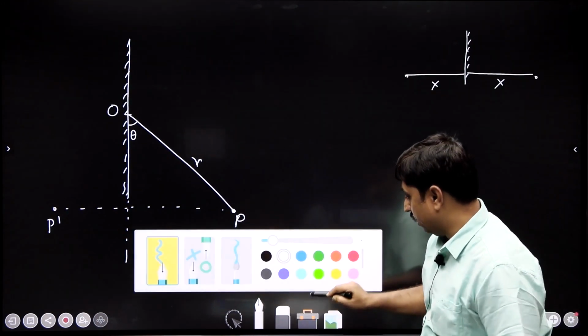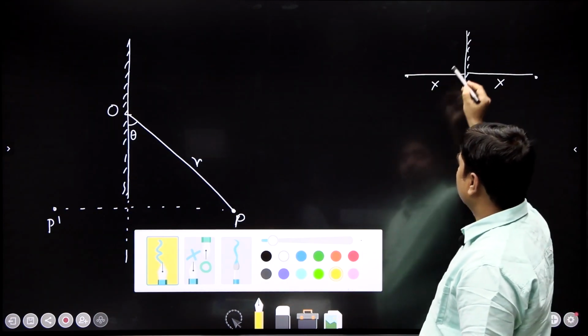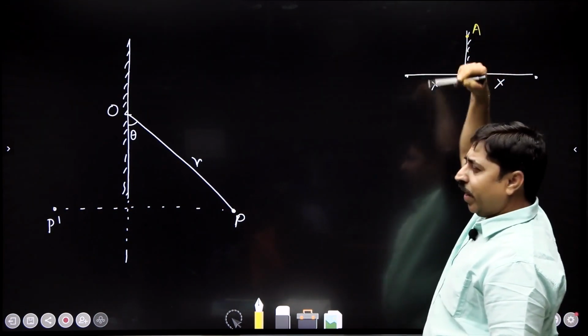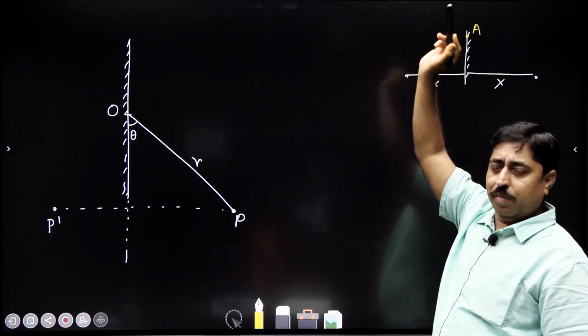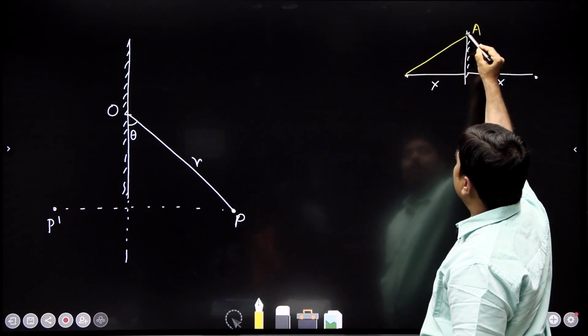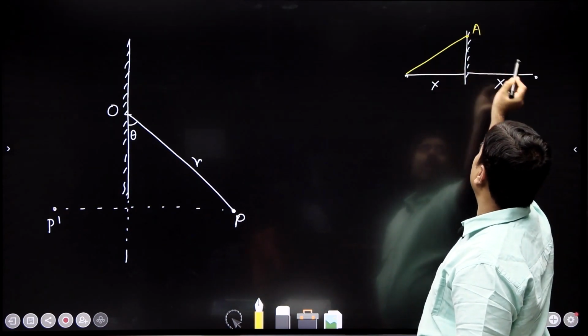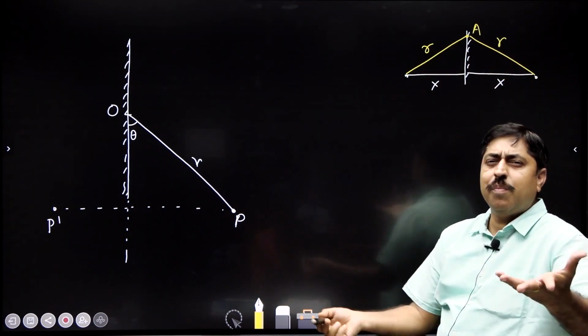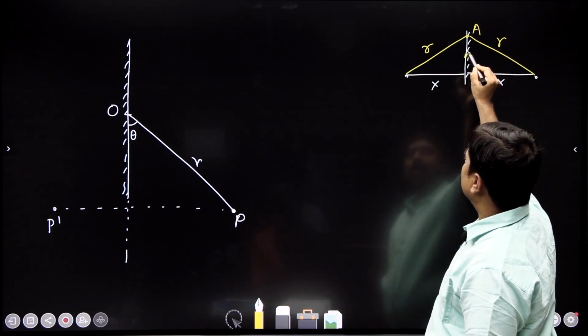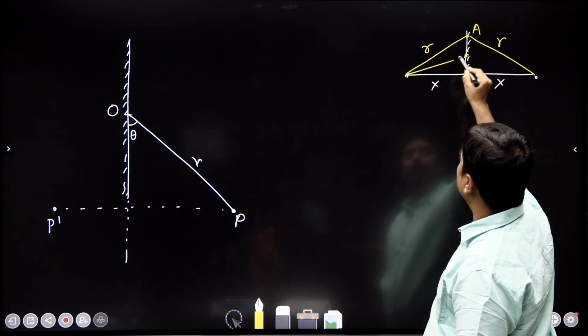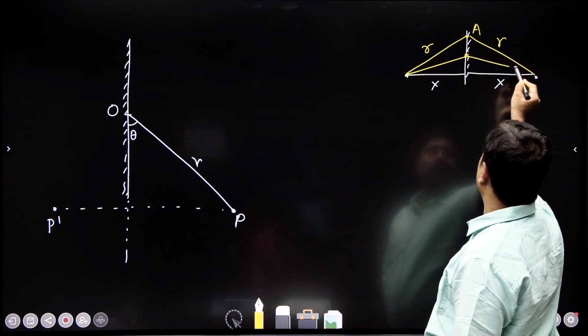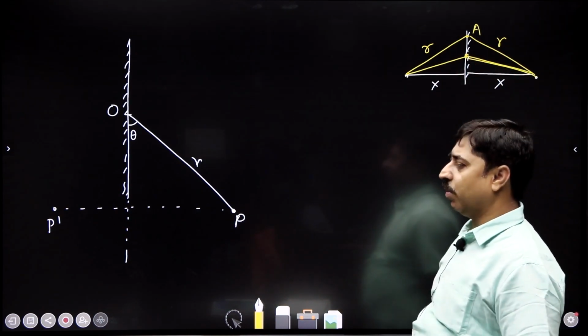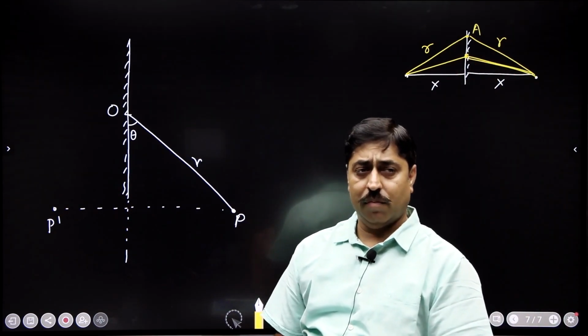Another fact, which is very obvious now, is that you take any point A on the mirror, the distance of the object from this point and the distance of the image from this point will also be the same, always.